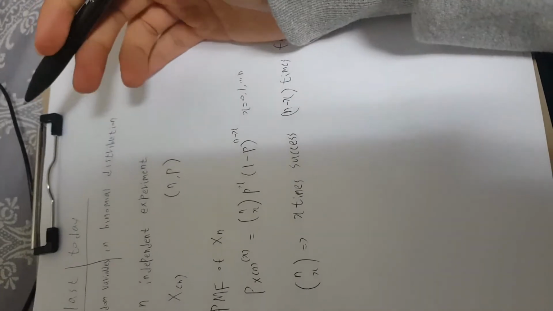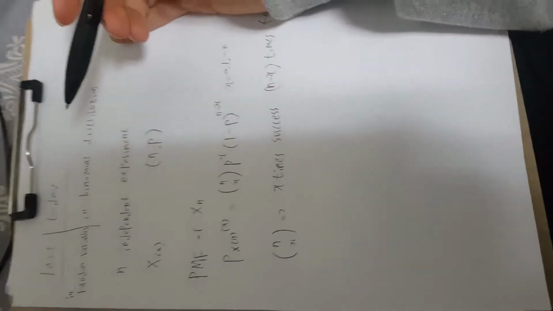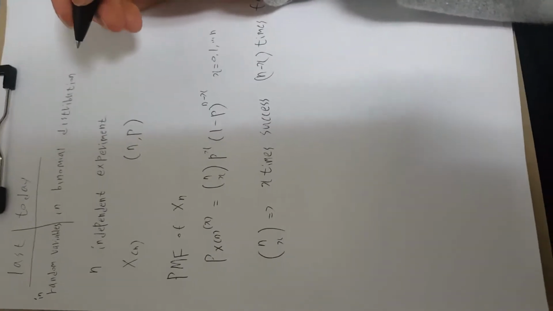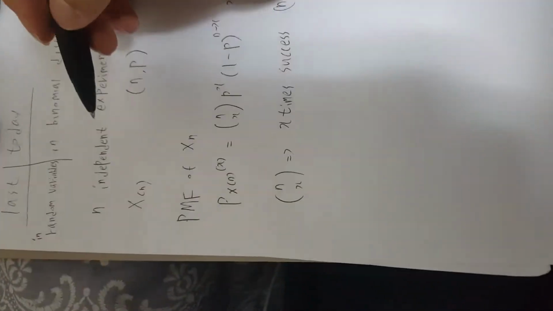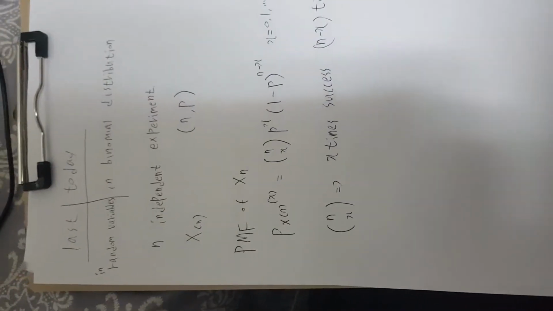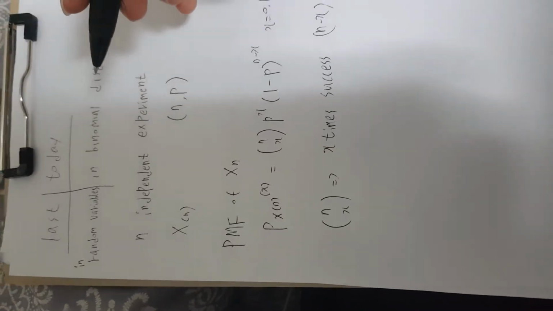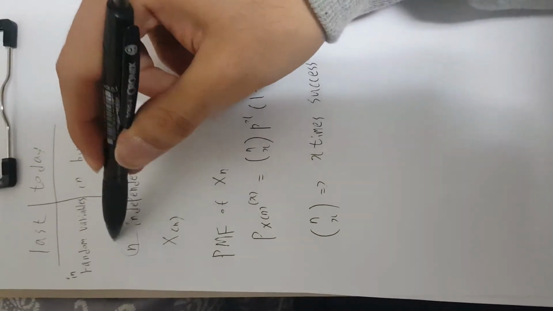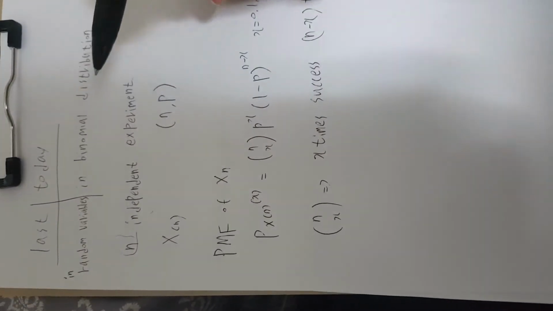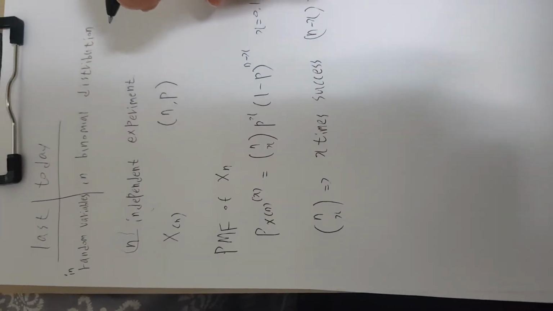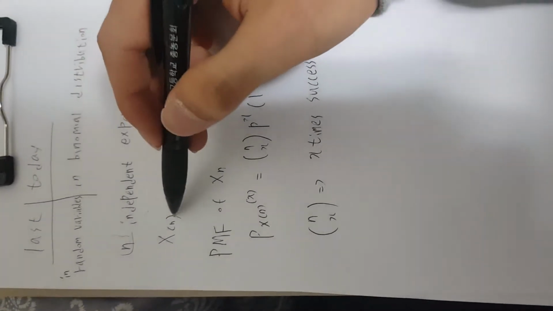In a binomial distribution, PMF is defined as follows. The number of times n independent experiments where success is expressed by a random variable Xn.